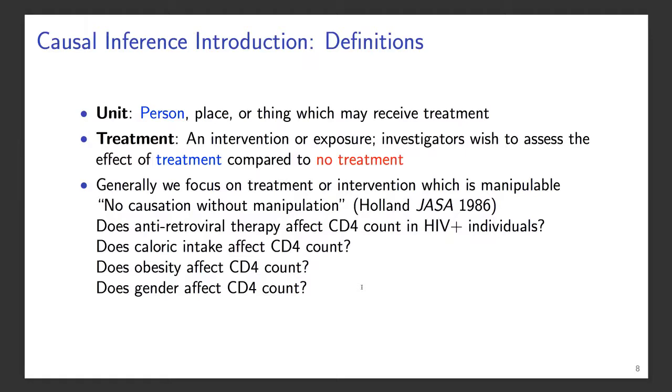Our goal as investigators is to assess the effect of this treatment compared to no treatment. Generally, we think about treatments as interventions which are manipulable. There's a phrase you often hear in the causal inference world: no causation without manipulation.